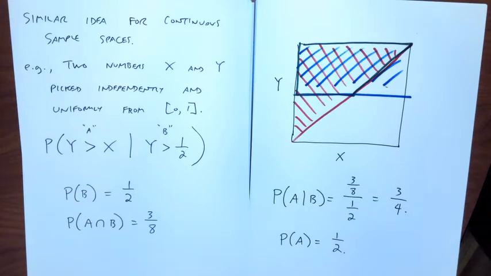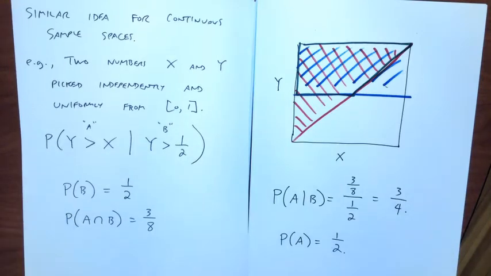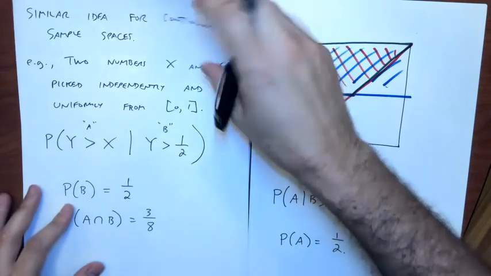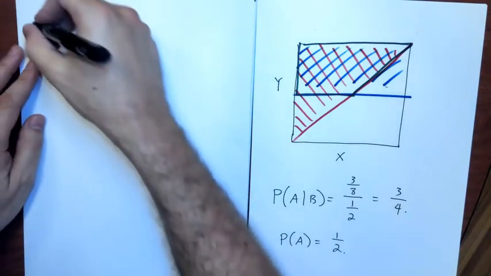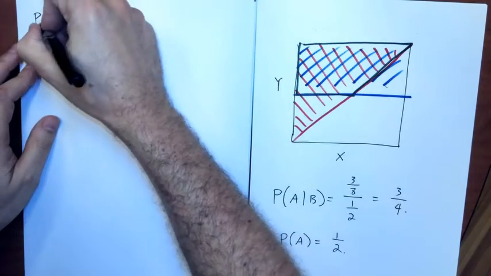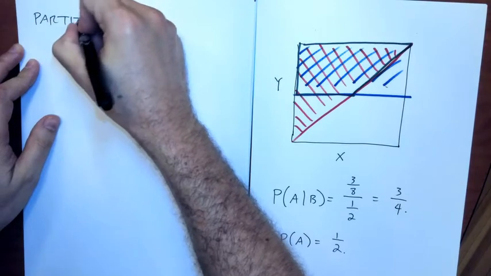Okay. So let's make this a little bit more general. Now I'm going to introduce a concept that we already kind of saw a little bit on homework too, which is called a partition of a sample space.